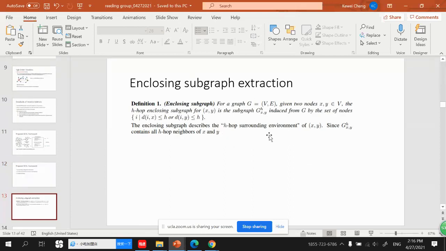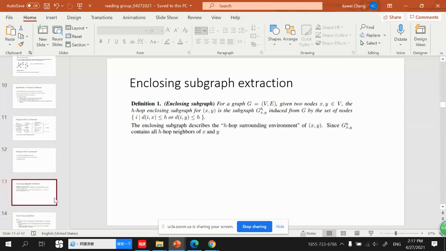For a graph G and two nodes X and Y, the h-hop enclosing subgraph for X and Y is the subgraph induced from G by the set of nodes which are the h-hop neighbors of X or h-hop neighbors of Y. So basically the enclosing subgraph describes the h-hop surrounding environment of X and Y. Is this part clear?